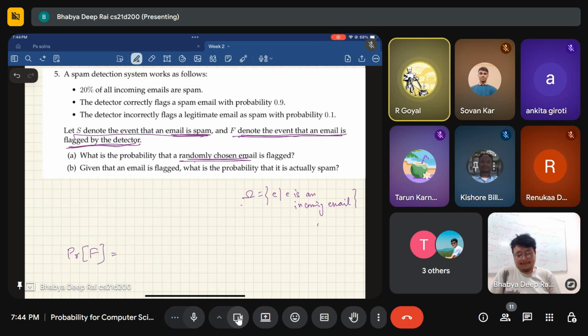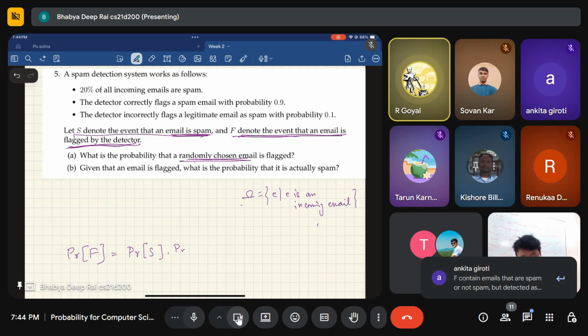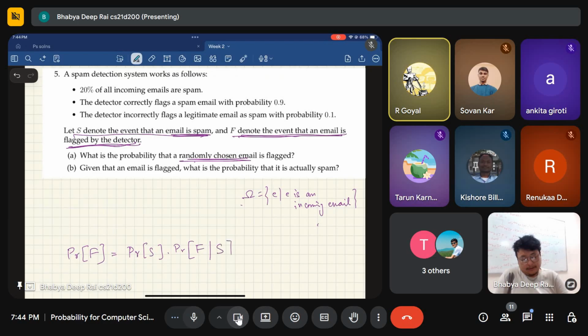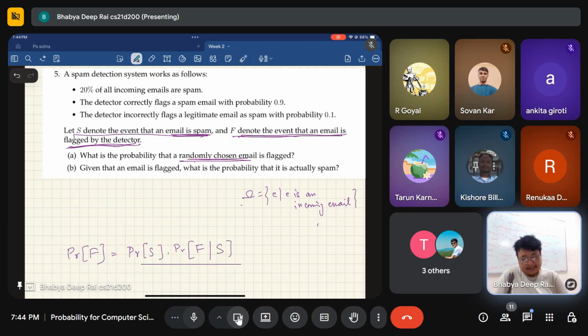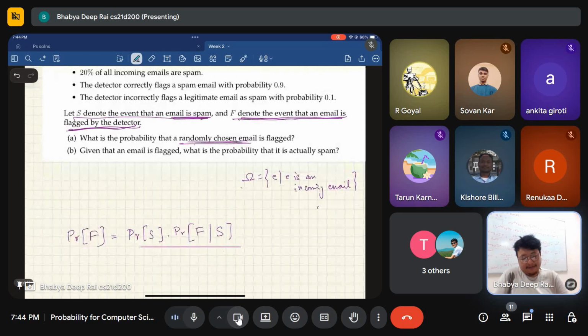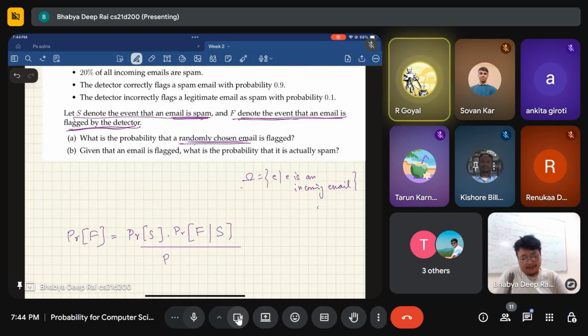The probability of F is equal to the probability of spam multiplied by the probability of the flagged F given the evidence of S. The probability of flagging it, wherein it is known that this is spam. And you can divide it by the probability of what is left, F. Good.